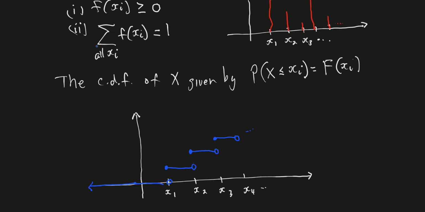However, because of this property, that when we accumulate all the possible probabilities, we have to end up approaching 1. So at some point down here, maybe far down, who knows, depending on how many more possible values of x we have, we will have another jump that jumps up to 1, and then it stays that way forever.